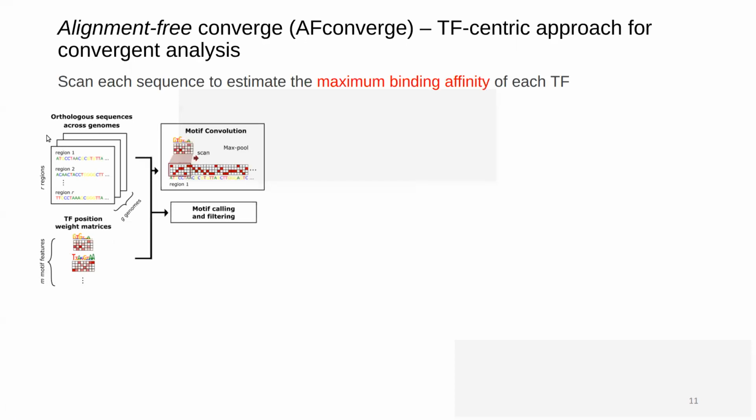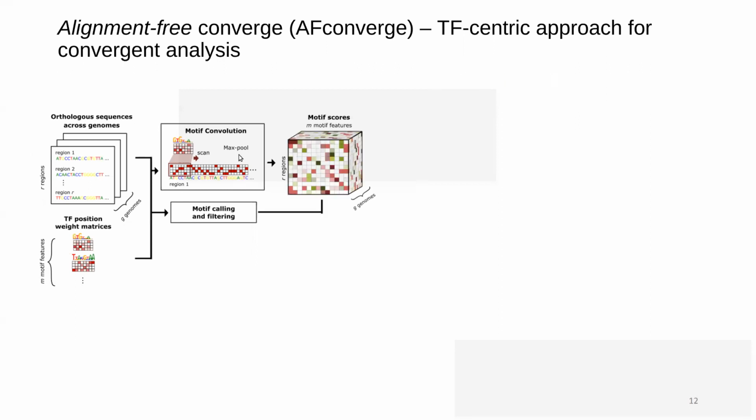Using the database, we can score these regions, and we just record the maximum motif binding score, with some filtering for no binding. After we do this, this turns the data set into a region by motif by genome tensor. At this point, we haven't used any phenotypic information.